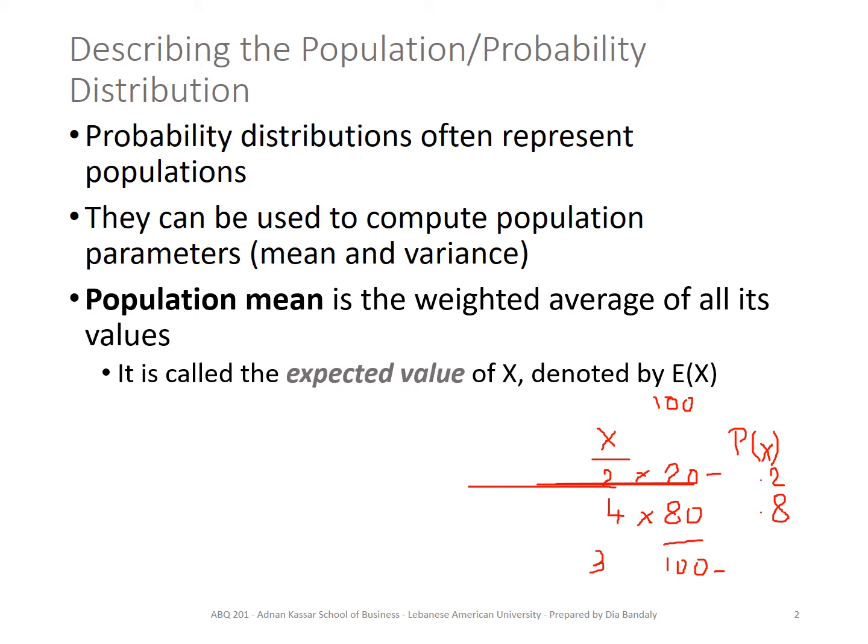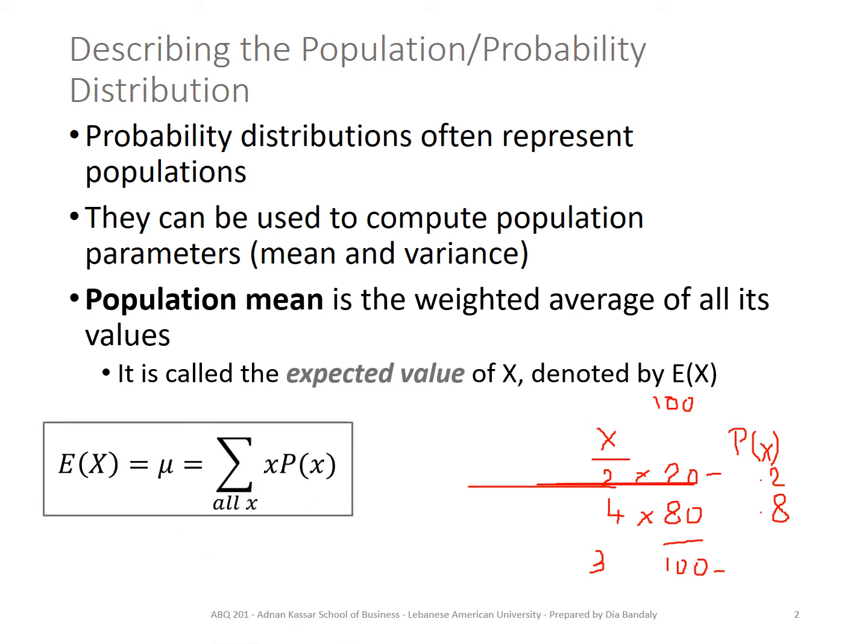And that's why when we are given the probability distribution of variable x, we can get the mean using this equation, where the mean is a weighted average where the weight of every value is nothing but its probability. So we sum up the products of x times P of x, where x is the value and P of x is the probability of this value. And we do the sum over all the possible values of x, of course, with their associated probabilities.